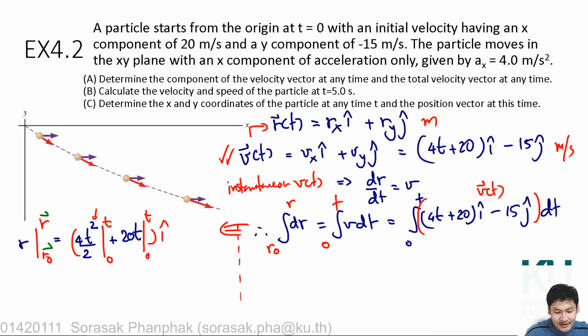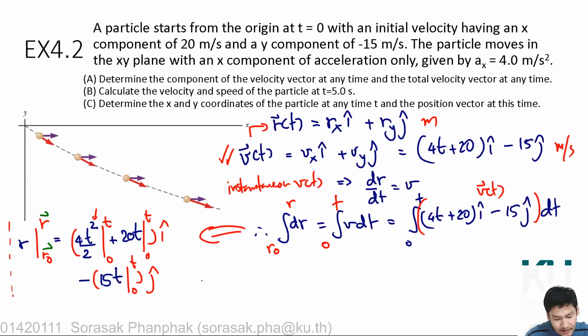But from this, now we have to integrate the other term as well. So you got the minus 15, and you integrate by dt, you get t out of it, and put the limit from 0 to t, and this is in the j direction. After you do this integration, I will write this. It looks like you're going from right to left, and then back to the right again.